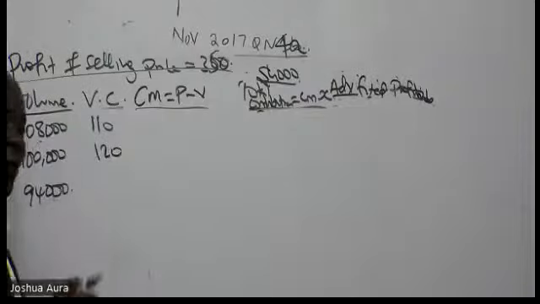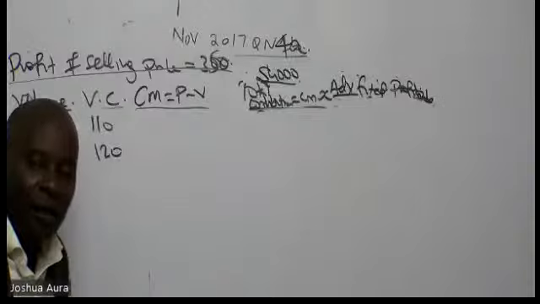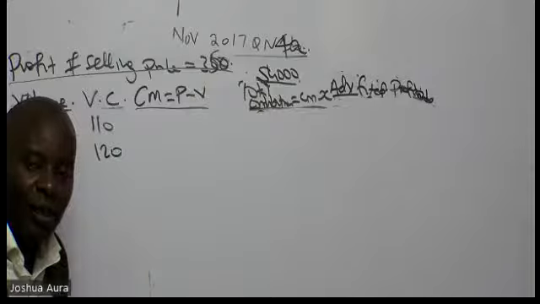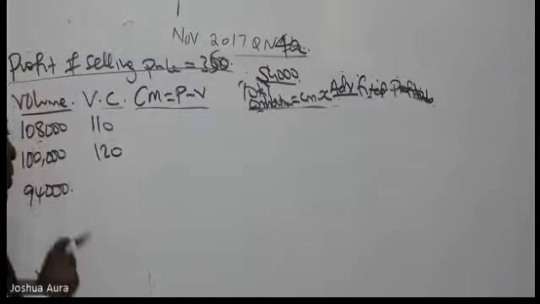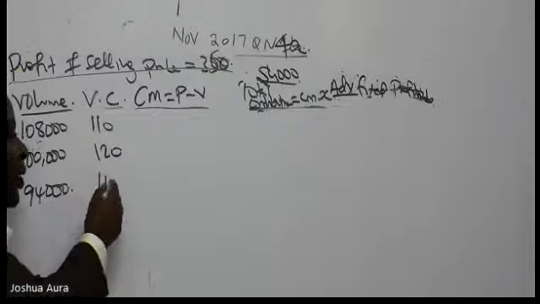So how about this 94,000? What variable cost should I use for 94,000? I can see it's less than 100,000. Let's check again.